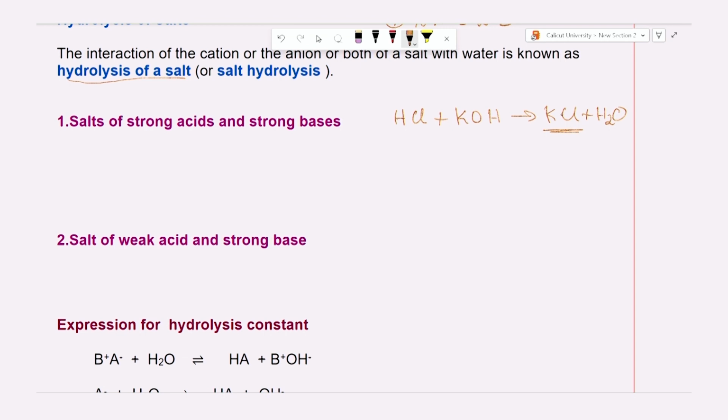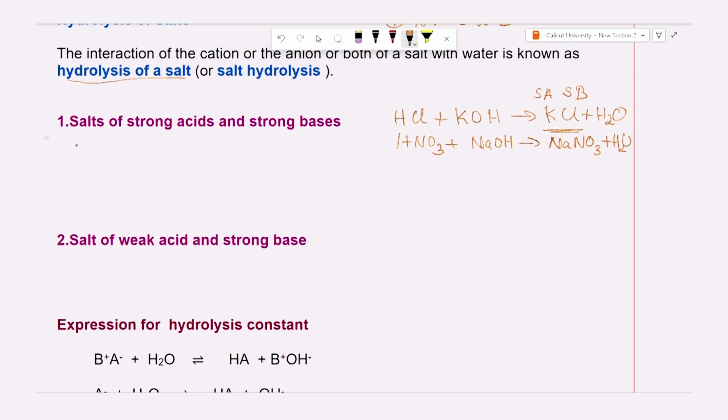This is a salt where the acid is strong and the base is also strong. Instead of KOH I can take sodium hydroxide, instead of HCl I can take HNO3 plus NaOH, you will have sodium nitrate and water. You can also take sulfuric acid. All these belong to the category of strong acids and strong bases.